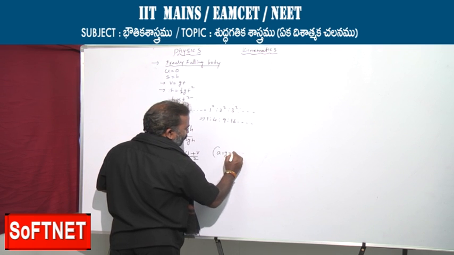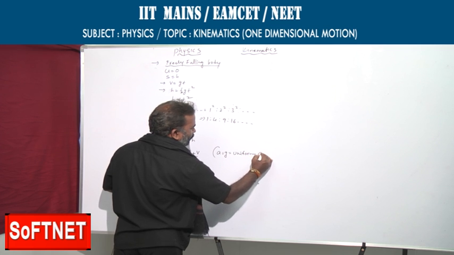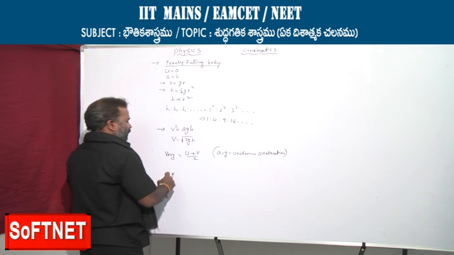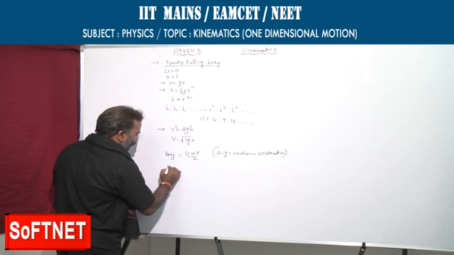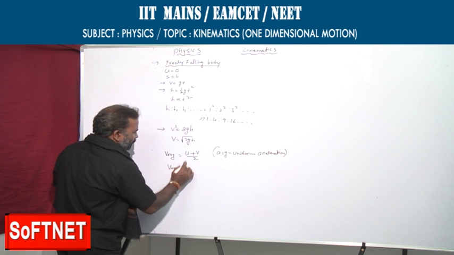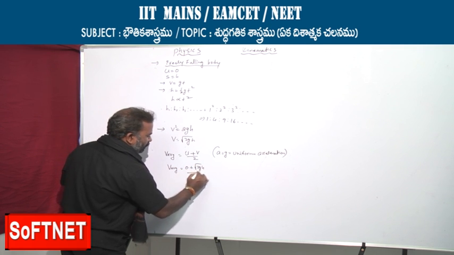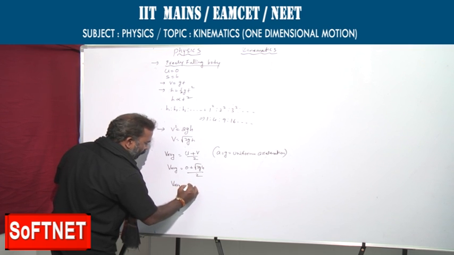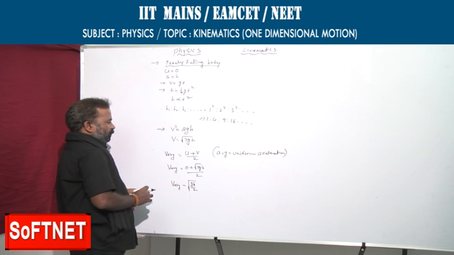Since u is 0, plus root of 2gh, by 2, the average velocity is root of 2gh by 2. Ultimately you will get root of gh by 2 when you simplify this.